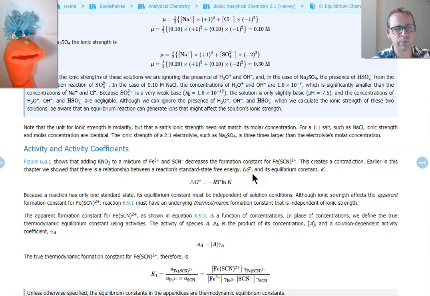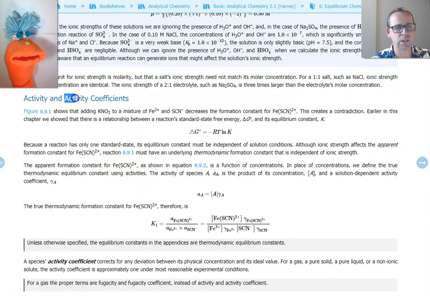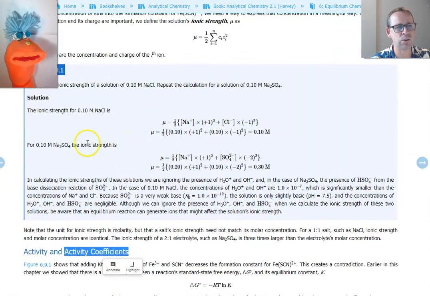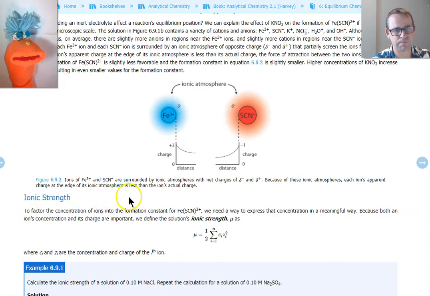And the activity coefficient is a value that goes in front of the concentration to result in the activity. The activity coefficient is related to your ionic strength.